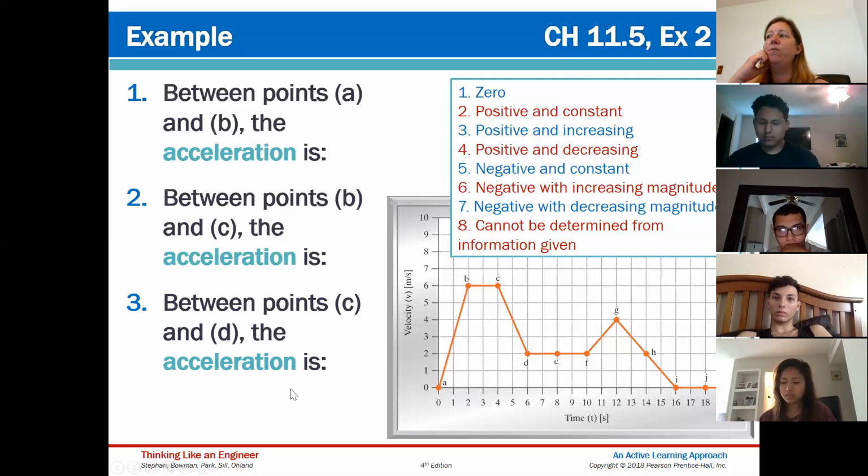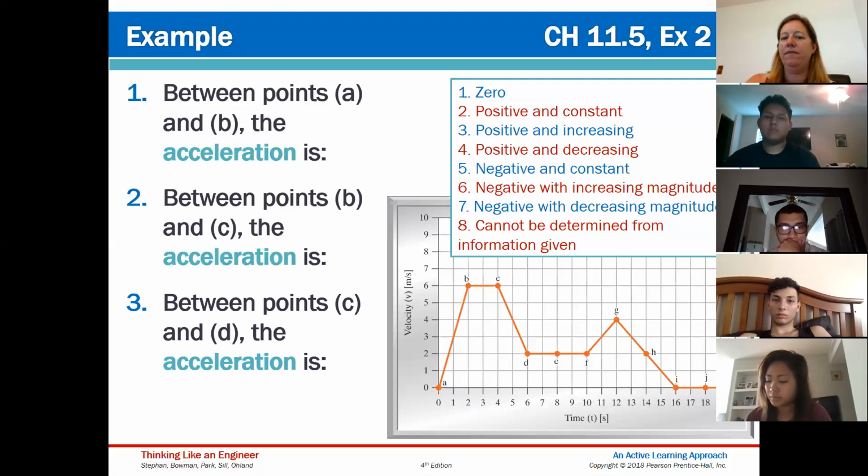So now between points C and D, what is our acceleration? Seeing a lot of 5s, so negative and constant.